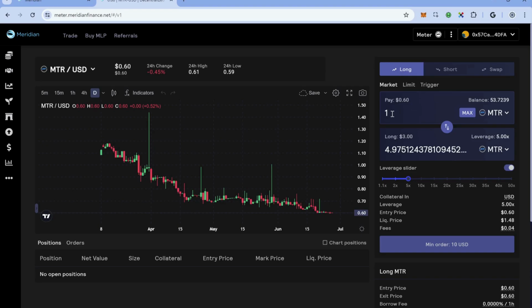So I will probably need somewhere along the lines of about 20 meters, actually a little less. Maybe like 18. Now let's stick with 18 to reach that $10 minimum trading threshold. If you do not meet the minimum threshold, you will not be able to conduct a trade.